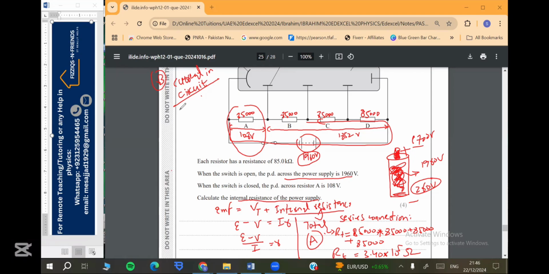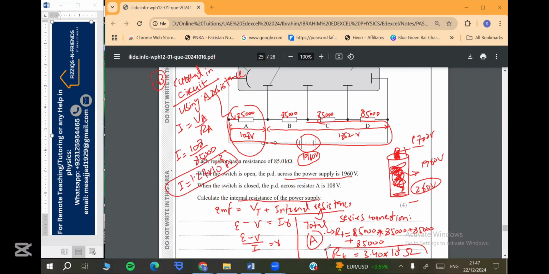So current in circuit using A resistance: current equals potential difference across A over resistance R. So R is 108 divided by 85,000. This will give you the current equals 1.27 times 10 raised to the power minus 3 amperes.